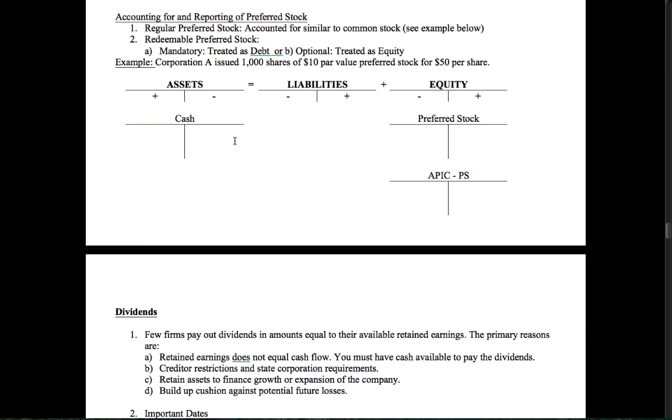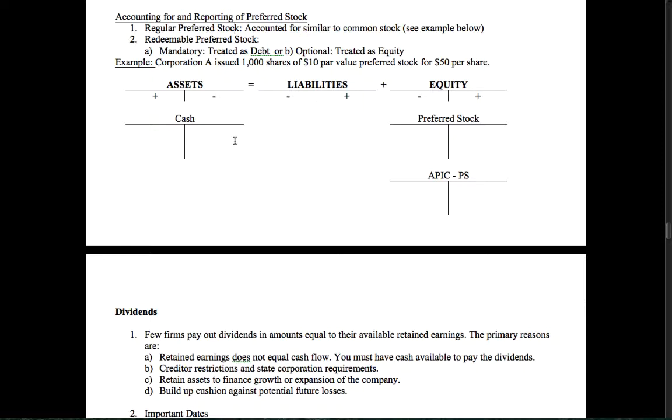First, I would like to note there is a type of preferred stock that is referred to as redeemable preferred stock. And the key thing I want you to note here is that if it is mandatory redeemable preferred stock, the company has to treat it as debt. But if it is optional redeemable preferred stock, they treat it as equity.